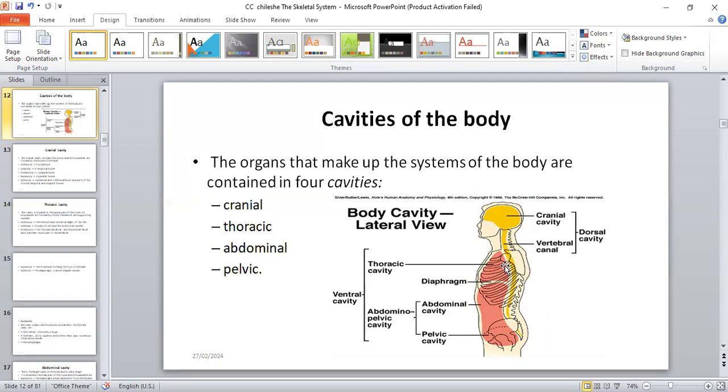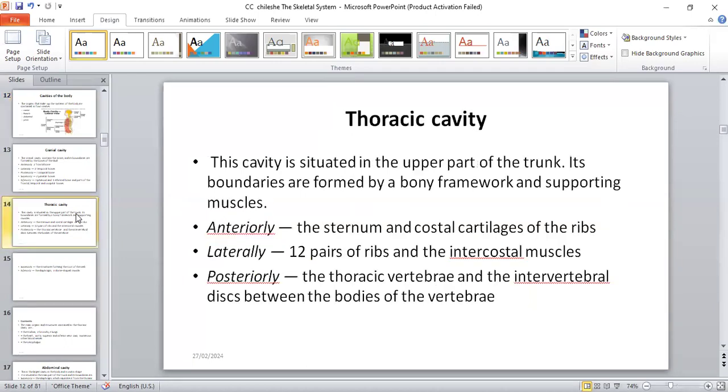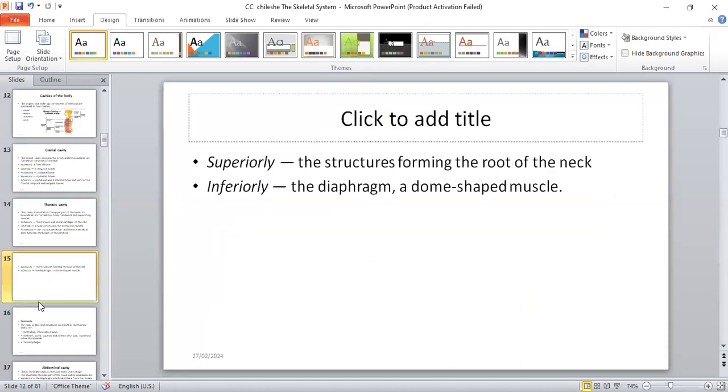On the upper part, it is open and is continuous with the neck above. At the bottom, it is continuous with the abdominal cavity below.